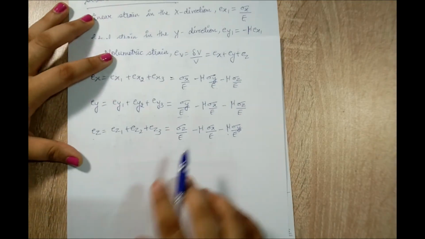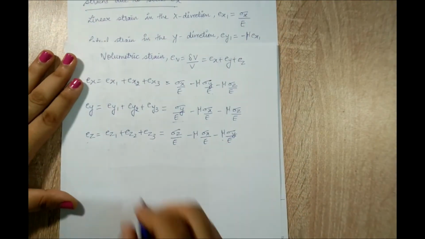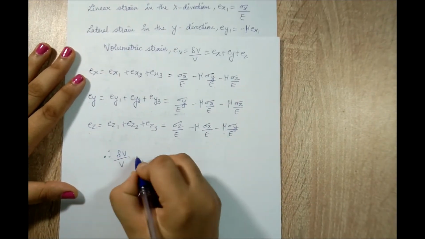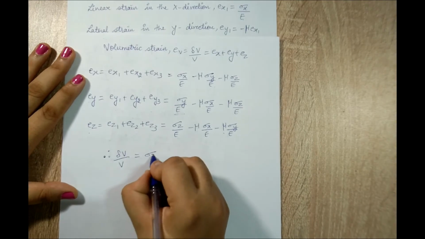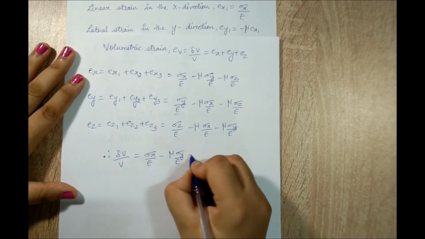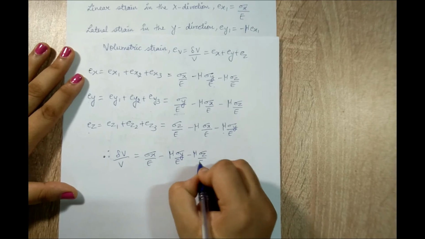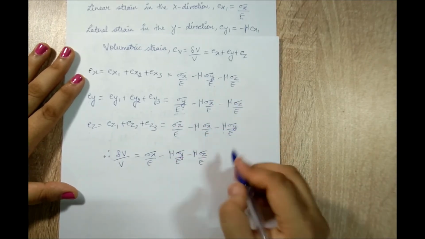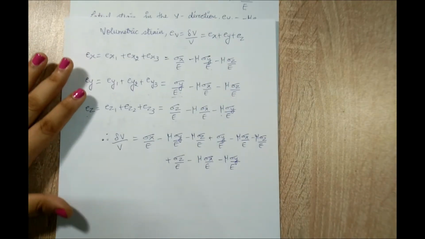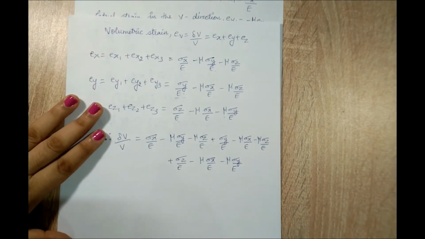So now I will just add all the terms for delta V by V. Therefore delta V by V is sigma x upon E minus mu sigma y upon E minus mu sigma z upon E, all the three terms written, and then the same for the others. Now if you look at these terms, I will first search for sigma x.